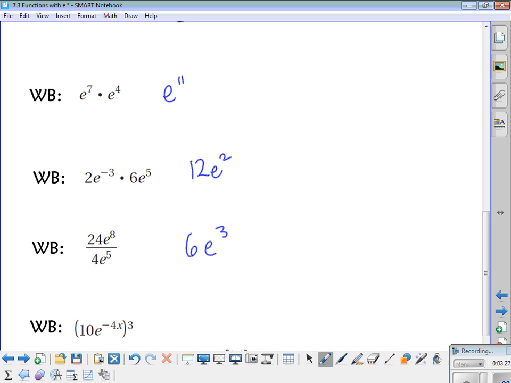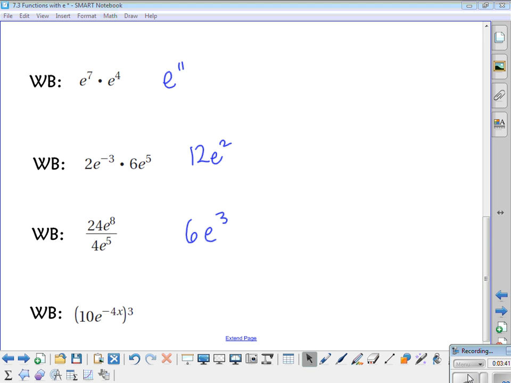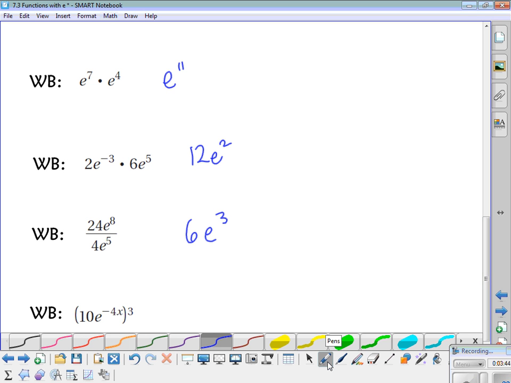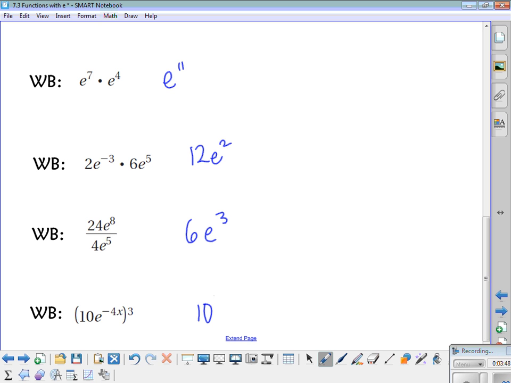And here's the last one for you, 10e to the negative 4x raised to the 3rd power. Simplify it all the way so you don't have a negative exponent. Okay, so some of you are having issues with it. We're raising everything to the 3rd power. So 10 to the 3rd power. And then for e, I multiply negative 4 times 3, negative 12x.